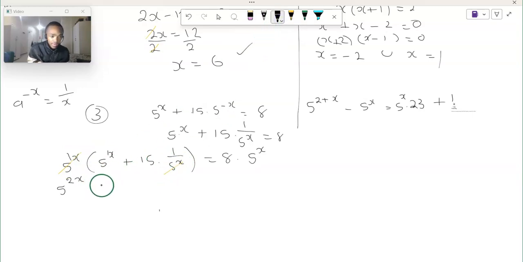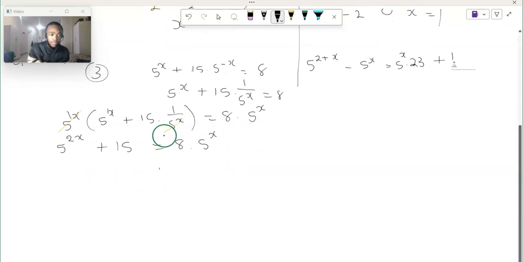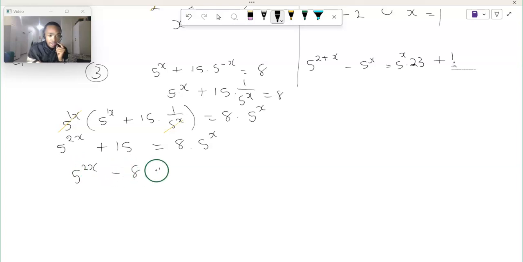Therefore we have plus 15 here, which is basically 8 times 5x. Then you take the 8 times 5x to the left, so you have 5x squared minus 8 times 5x plus 15, which is equal to 0.